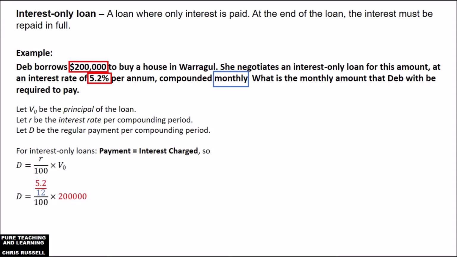Therefore, we substitute the values: 5.2% being per annum, we divide that by the number of months we have in a year, which is 12, divided by 100, then multiplied by the initial value of $200,000. We end up getting $866.67 to 2 decimal places per month.